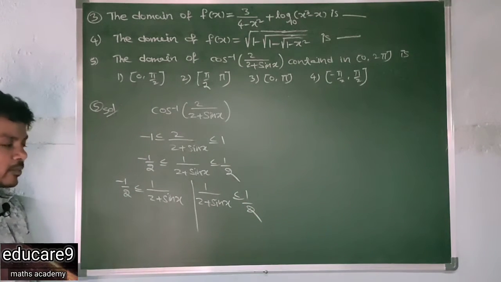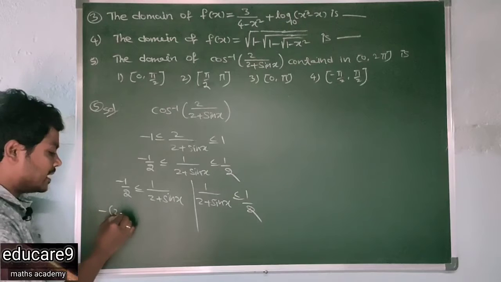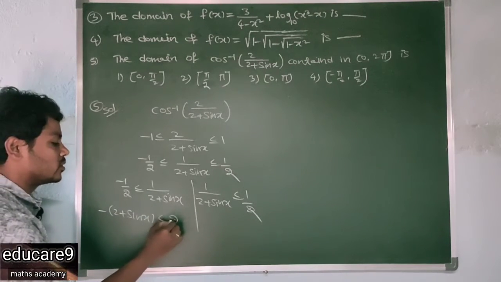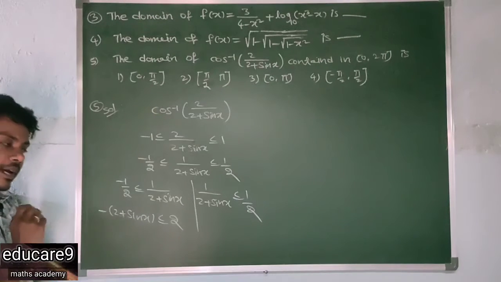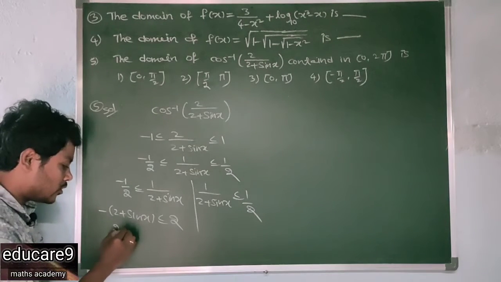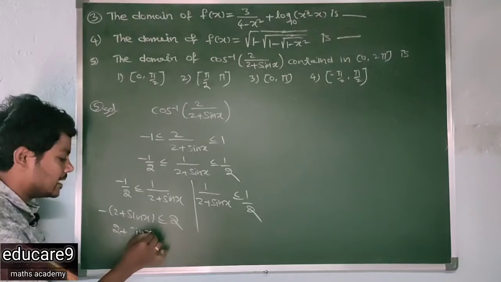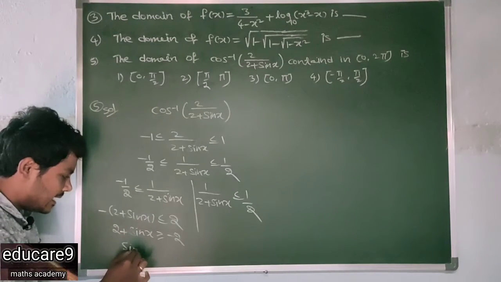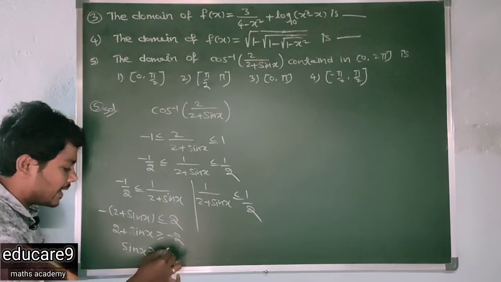Now cross multiplying, what do you get? Minus of (2 plus sin x) is less than or equal to 2. Multiply with minus, what do you get? 2 plus sin x is greater than or equal to minus 2, and sin x is greater than or equal to minus 4.